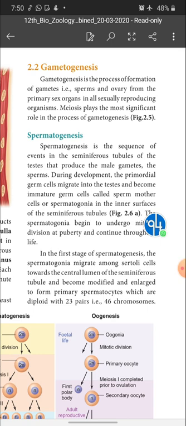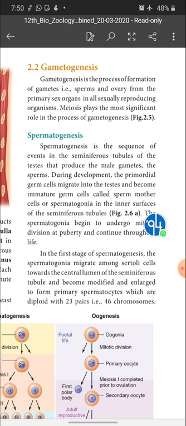I said the process of formation of gametes in male and female is called gametogenesis. What is spermatogenesis? The process of formation of the male gamete, that is sperm, is called spermatogenesis. In the same way, what is meant by oogenesis? The process of formation of ovum in the female body, that is in the ovary, is called oogenesis.